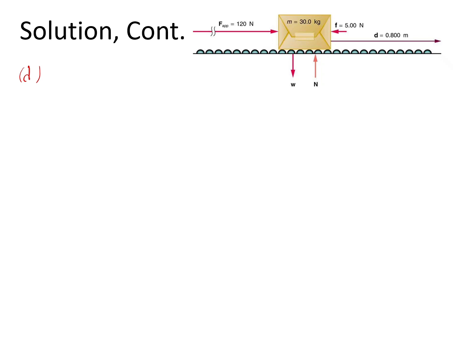Now we use the work energy theorem to find the final speed. The net work is 92 joules. The initial kinetic energy is 3.75 joules. The work energy theorem says that net work equals final kinetic energy minus initial kinetic energy.